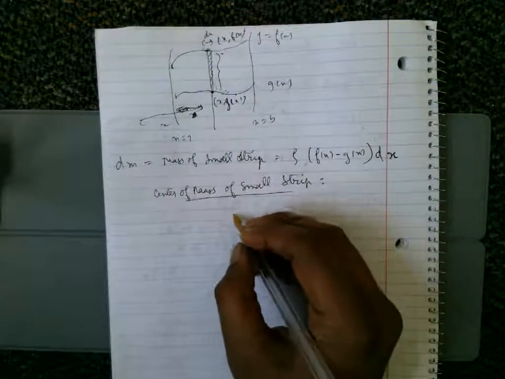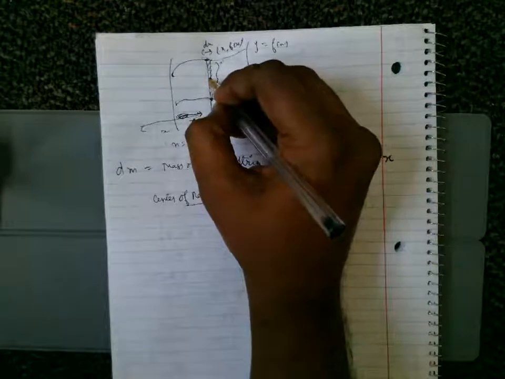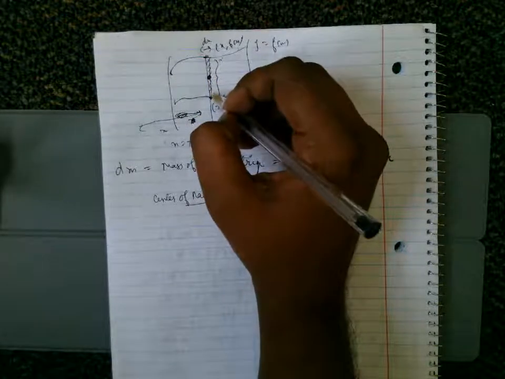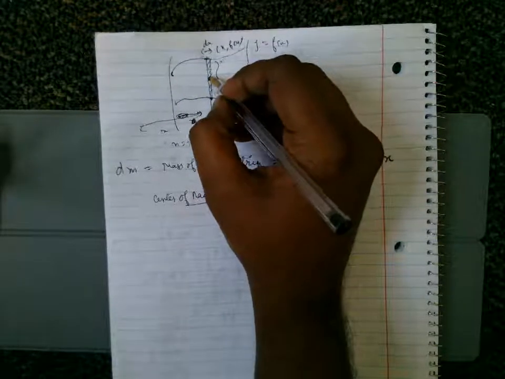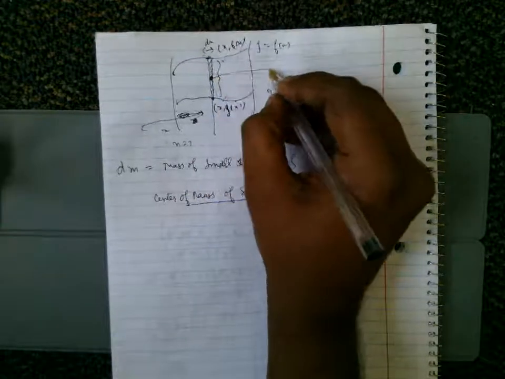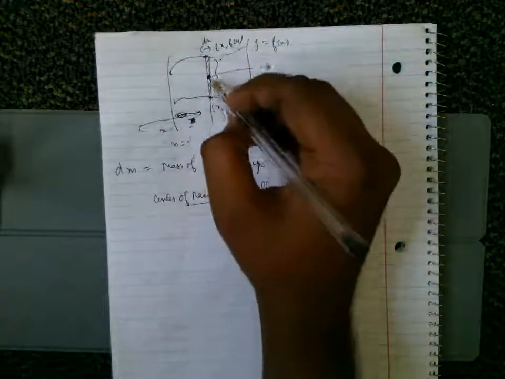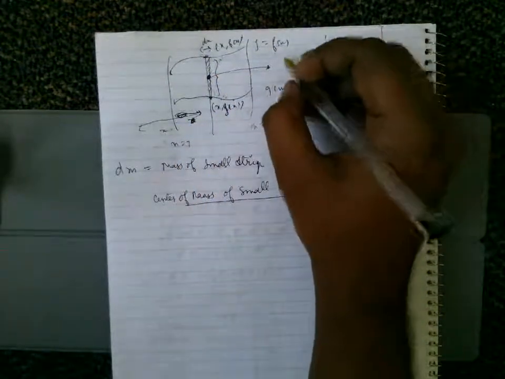Well, then the center of mass of the small strip will be at the center of this strip, right? Because this is of uniform density. So the x coordinate will be x, because this whole strip can be assumed to be like a single line.